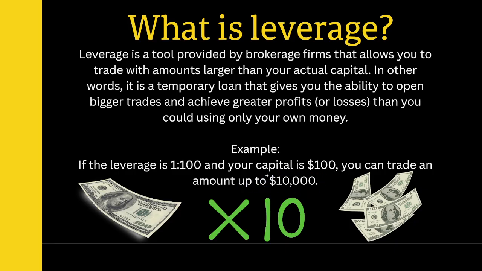But you also profit and lose money as if you have this number. So as in the example we learned before, if you start losing more than $100, they will take your $100 and you will exit the trade. You don't really have $10,000, but you win and lose as if you have $10,000.